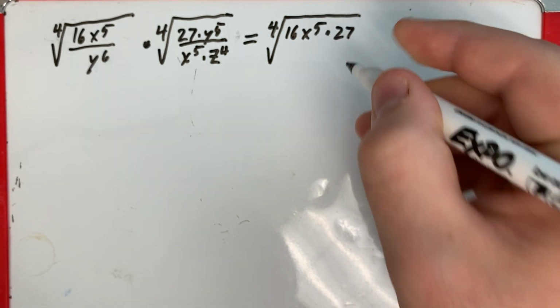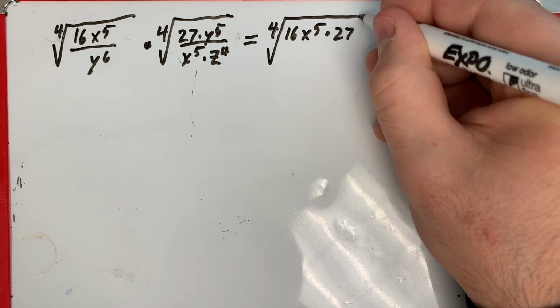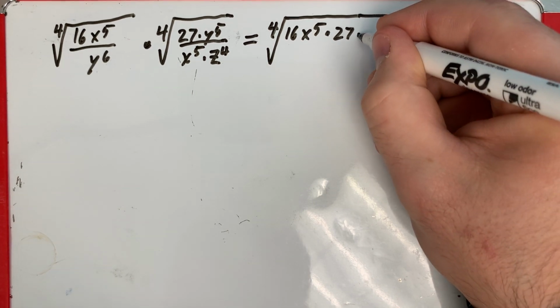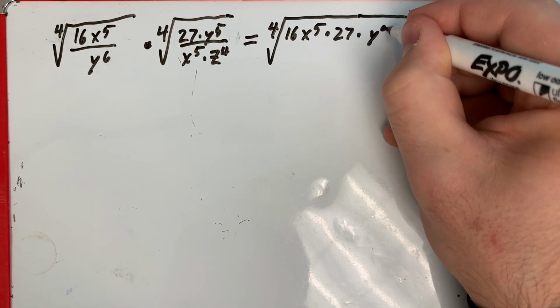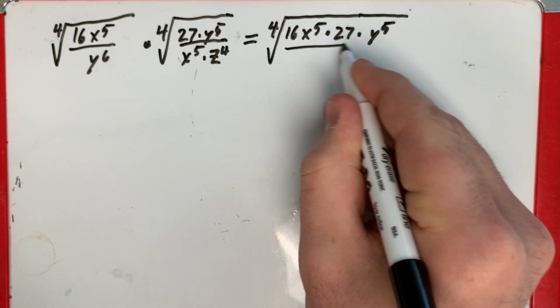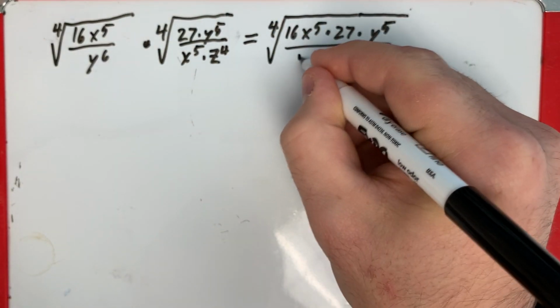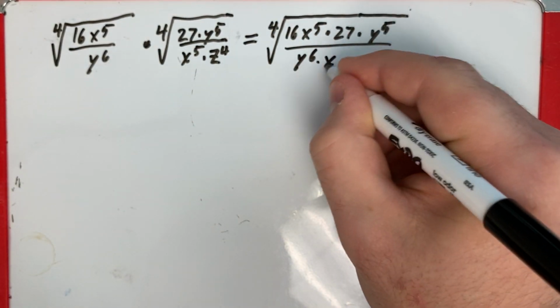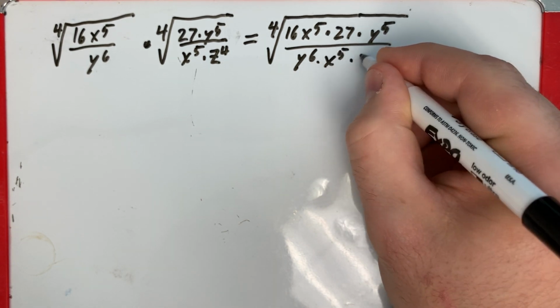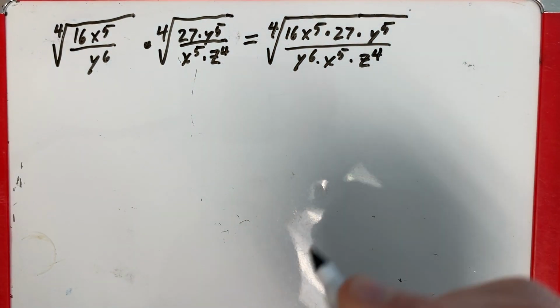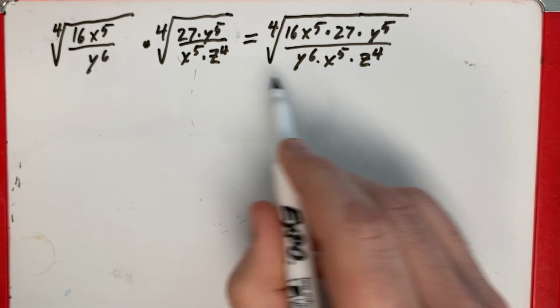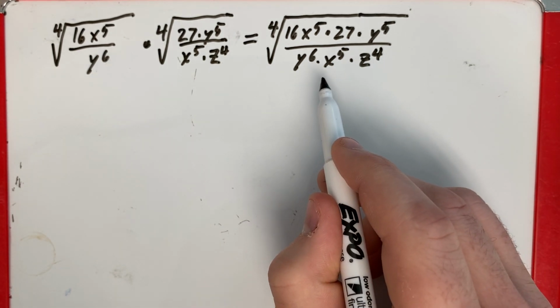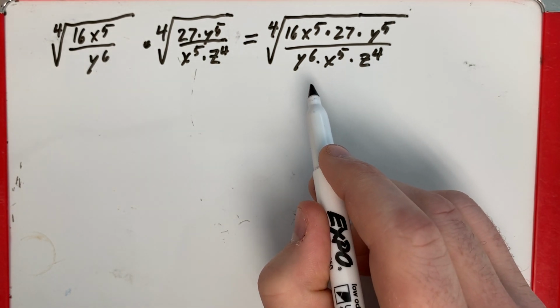I'm not going to multiply the 16 and 27, and I'll explain why in a minute, times y to the fifth. Okay, that's the top of that. Y to the sixth times x to the fifth times z to the fourth. Okay, so now I have everything under one giant radical, and that's exactly what we want.